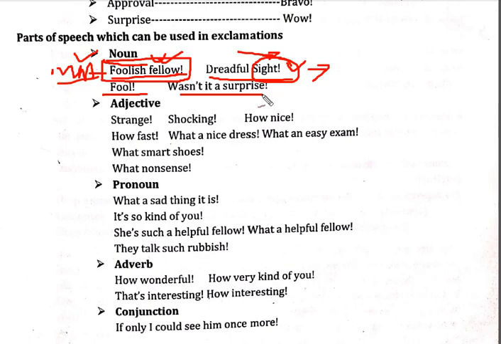Then after that, they give us something surprising: a foolish fellow is a good guy, but a foolish fellow. It's a beautiful place, but it's a dreadful sight. It is a very intelligent boy, but he's foolish. The way is going to paradise, but there's a bridge you have to cross, and it is very difficult to cross. Wasn't it surprising?